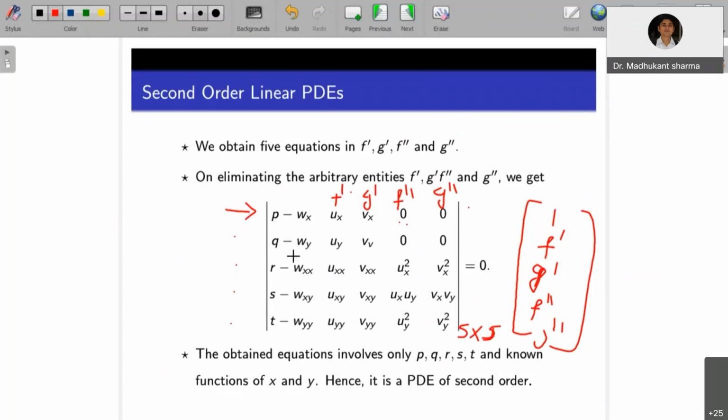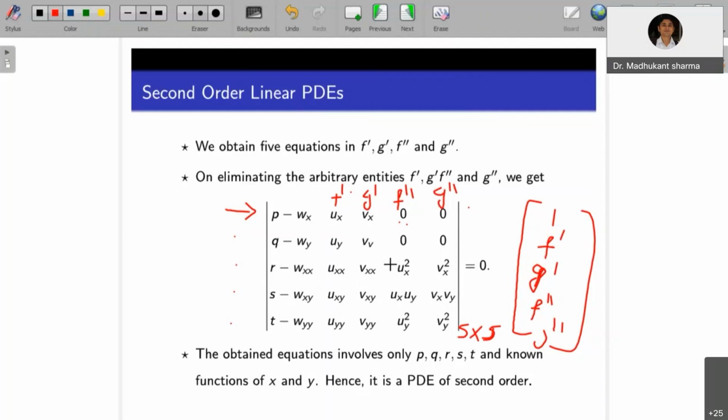And you know how to proceed. Now on solving this, you are going to get a PDE. It is going to be an equation in terms of p, q, r, s, and t. And the rest of the things are known: Ux, Vx, Wx, Uy, Wy, Uxx, and so on. These things you are completely aware of.